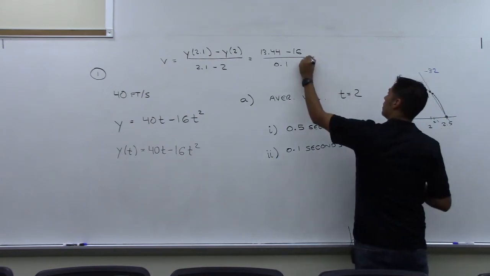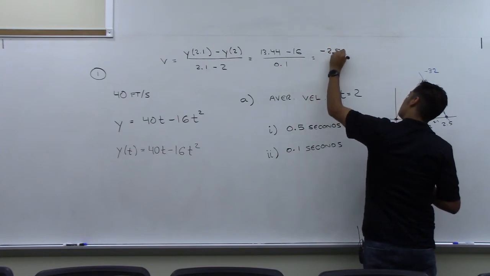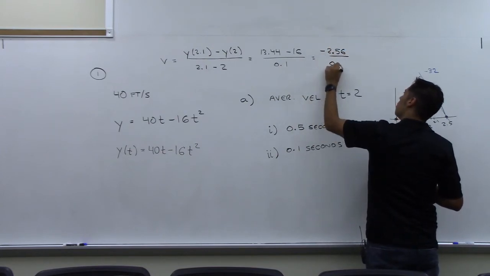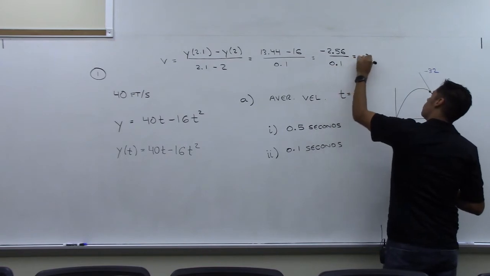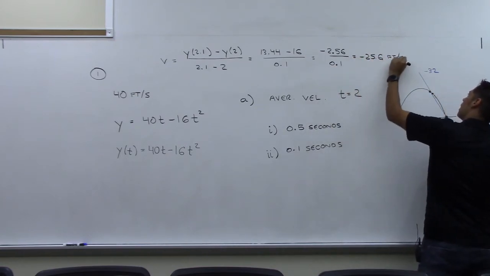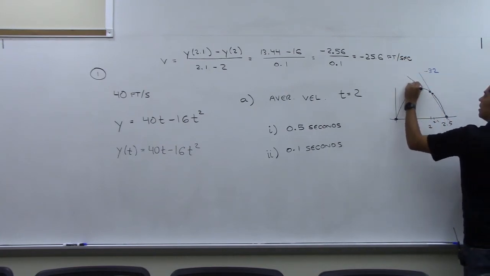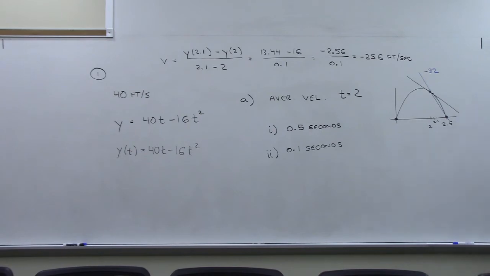We get negative 2.56 and then over 0.1, which is going to be negative 25.6 feet per second. So you can see that this other secant line will be less steep, negative slope, but it's still negative slope.